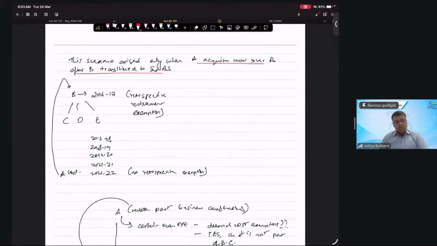Yes, sir. So you identify a particular date. You can give at the time of transition that fact that up to this particular date, all acquisitions will go as per the previous GAAP regime. And after this date, any acquisition will be under the Ind AS regime.